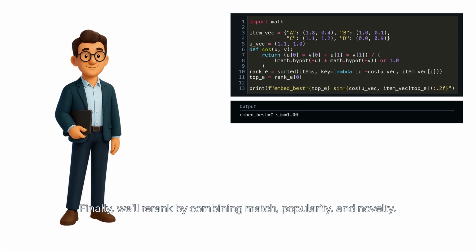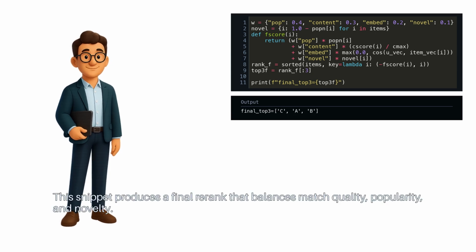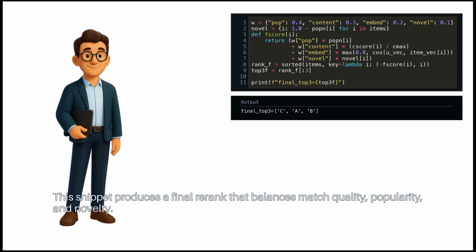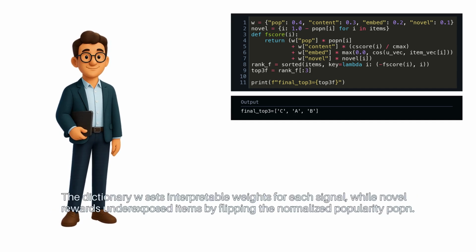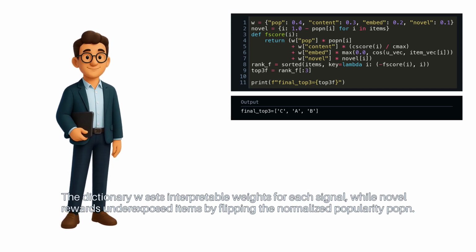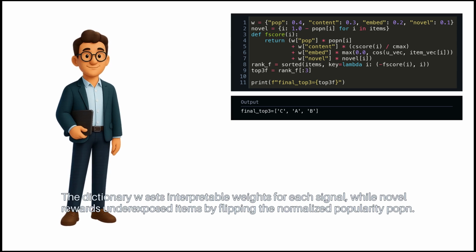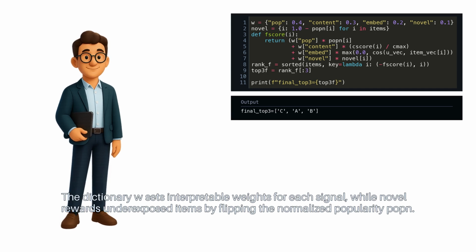Finally, we'll re-rank by combining match, popularity, and novelty. This snippet produces a final re-rank that balances match quality, popularity, and novelty. The dictionary W sets interpretable weights for each signal, while novel rewards underexposed items by flipping the normalized popularity, popnorm.